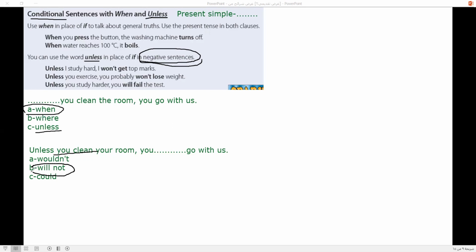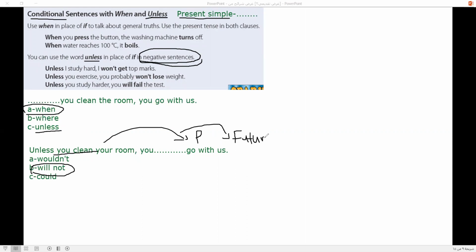Why did we choose will not and not wouldn't? If you remember, we said that the conditional sentence must all be at the same level. So if the conditional clause is in present simple, as we said all of it is going to be in the present simple, the result clause will have two options: either present simple, or future. Future, I mean the present of the future, not the past of the future.